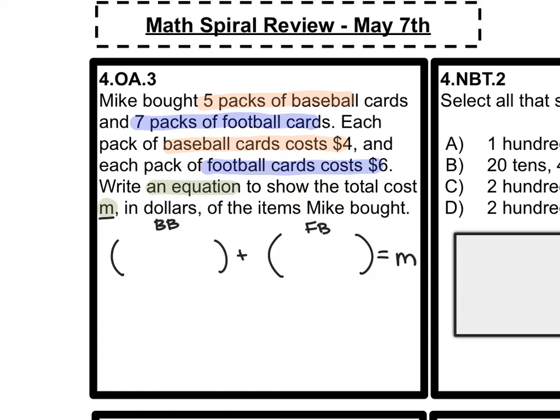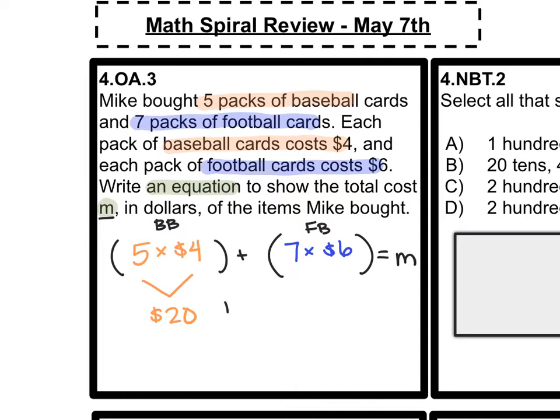When I start with baseball, there are 5 packs, and each pack costs $4. So I'm going to multiply those 2 together to find out how much he spent on baseball cards. And then for football cards, he bought 7 packs, and each of those costs $6. So I'm going to multiply those together to find the total amount. When I put these together, I have 5 times 4, which is going to be $20.